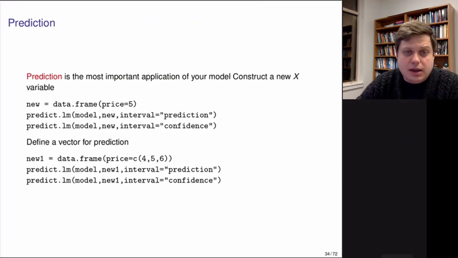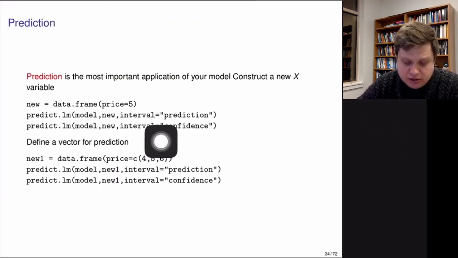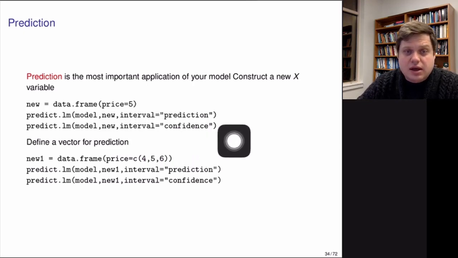All right. And in R, you can ask R to calculate those intervals for you using the predict.lm function. Predict.lm will take the model as an input, and the new values of X for which you want to generate the prediction, and then you have to specify that you want to generate it as an interval, like the prediction interval or the confidence interval.